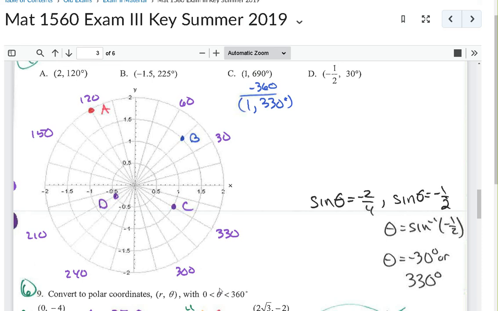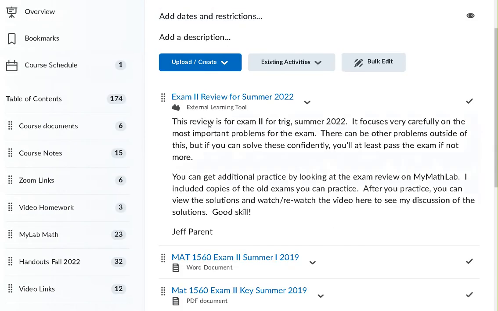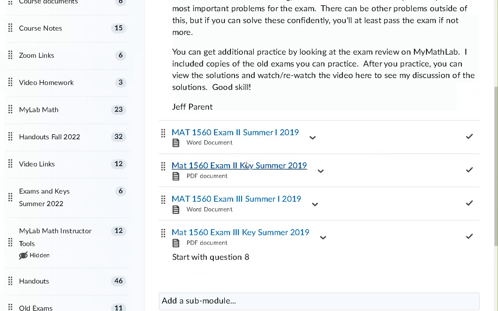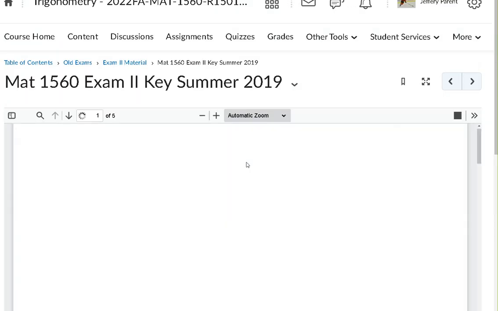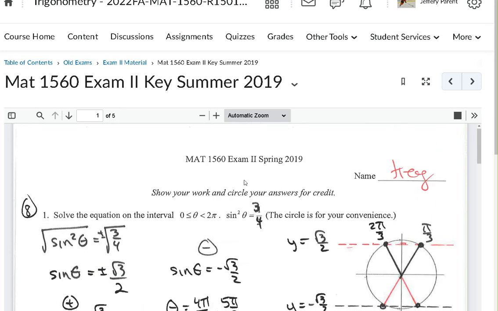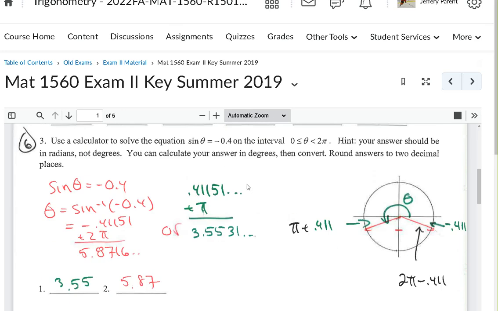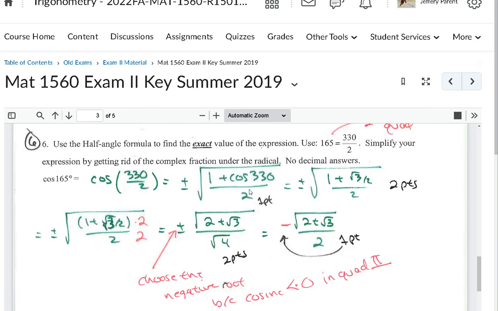There was Heron's formula. That comes from an earlier test. You might do well to look back at exam 2 and see if you can't find an example of Heron's formula. Let's take a look at exam 2. No, don't need those, nor those.